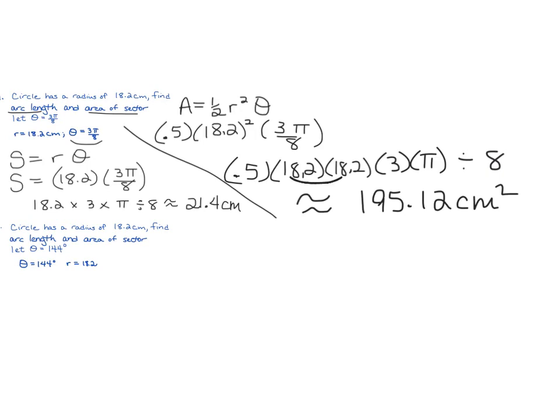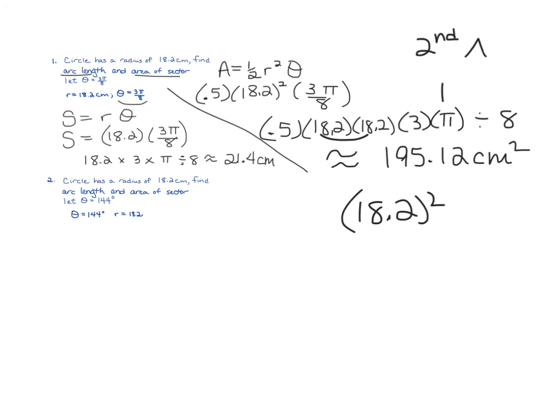If you didn't want to do 18.2 times 18.2, you can also key it in this way, because there is a little exponent button there. You just hit that button and it'll square it. Again, to get to the pi, you hit the second key and then that up arrow.